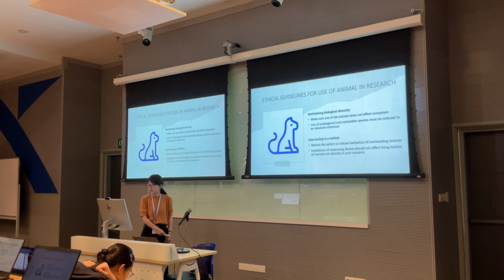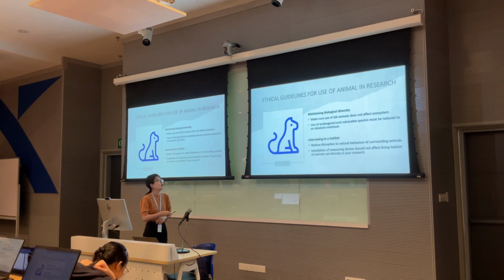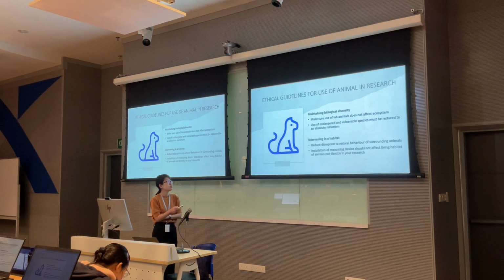Next one, we have maintaining biological diversity. Make sure the use of lab animals does not affect the ecosystem, and do not use any endangered species in your experiment, or vulnerable species, which should be reduced to the absolute minimum number. For example, tiger.